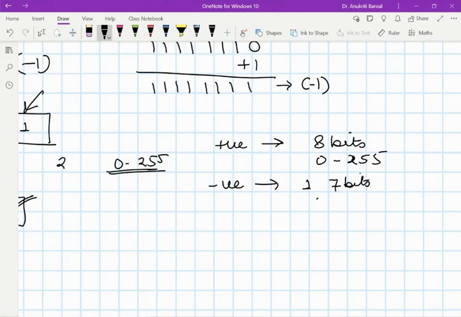And how to convert this binary two's complement number into a decimal number, we will see in the next class. Okay.